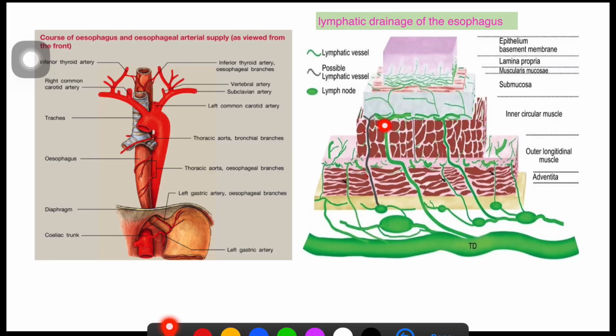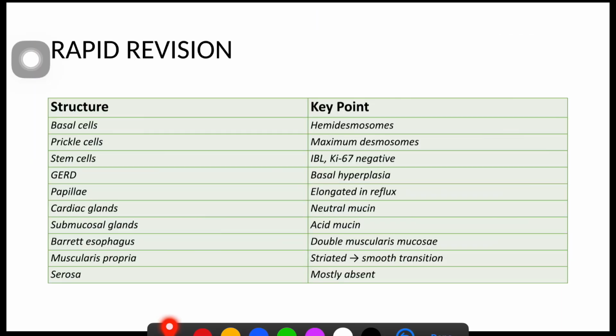So this longitudinal system is responsible for very early spread of tumor even if only the mucosal layer is involved by tumor, because of its longitudinal spread.